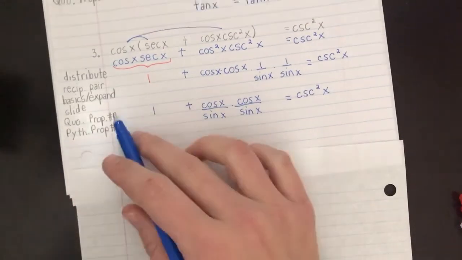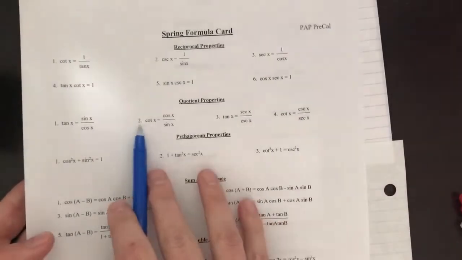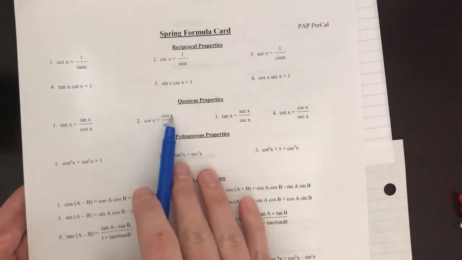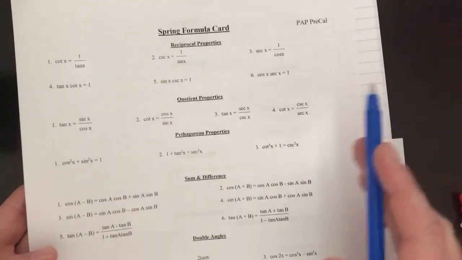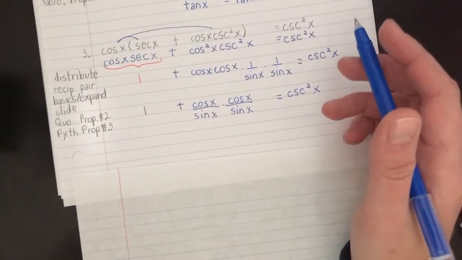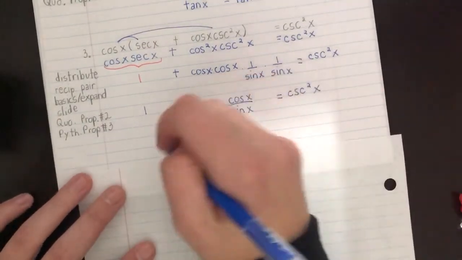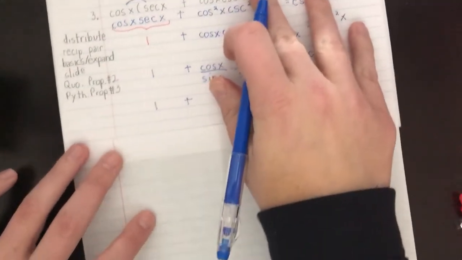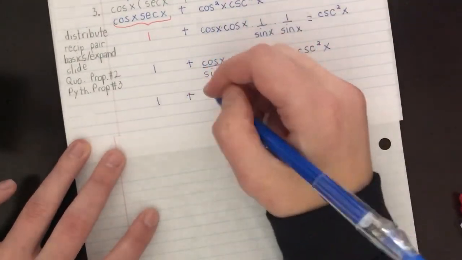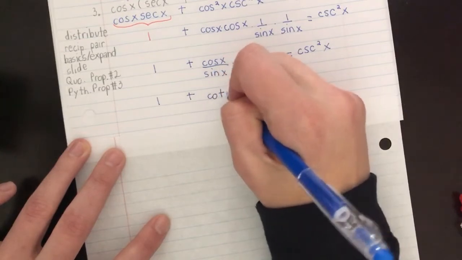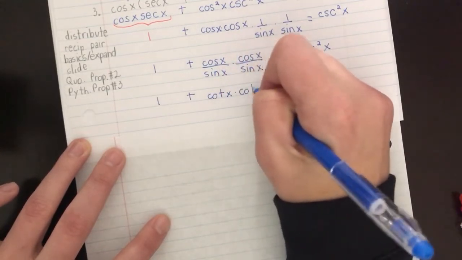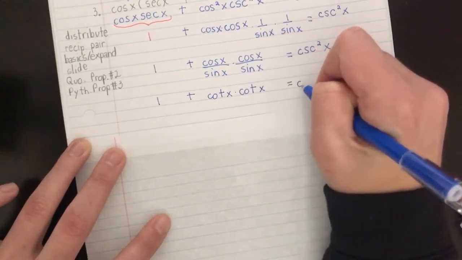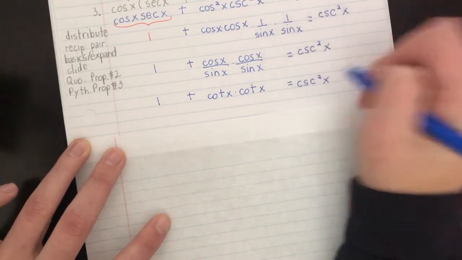Well, go back to your quotient property number 2. Cotangent of x is equal to cosine of x over sine of x. So quotient property number 2 brings us to 1 plus cotangent x times cotangent x equals cosecant squared x.